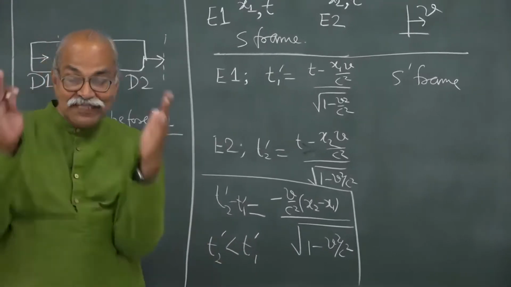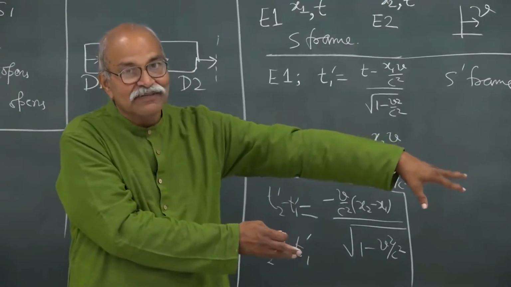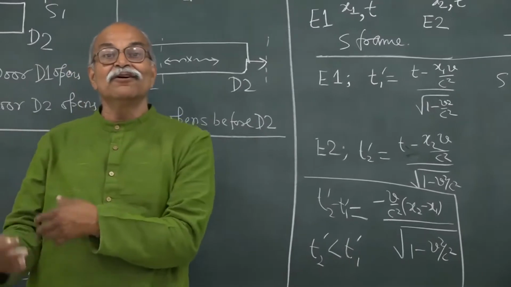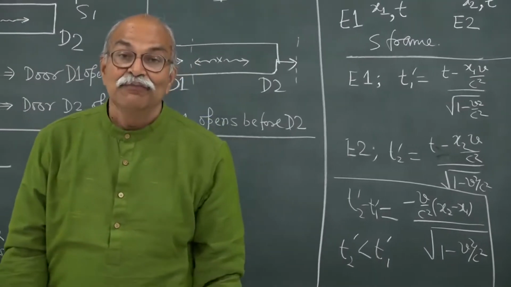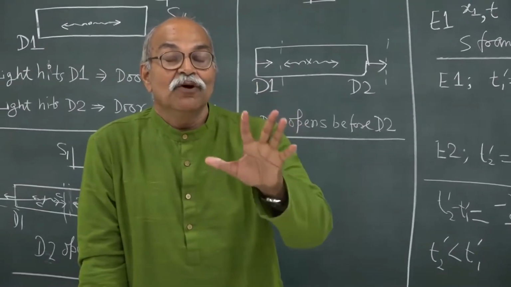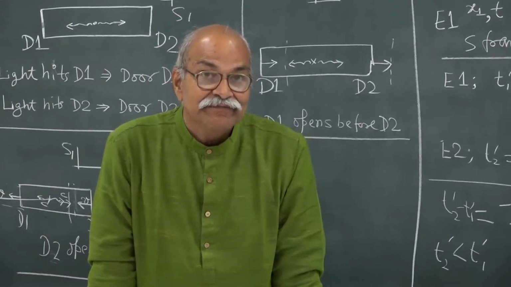So, in some frame it is simultaneous, in some frame this event occurs before that event, and in the other frame it is opposite. So, ordering of events may not be same in all frames, that is the relativity of simultaneity.